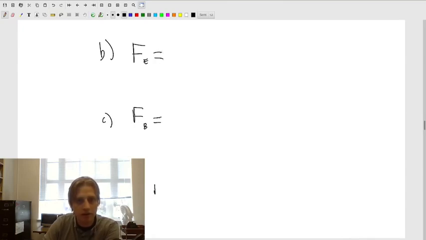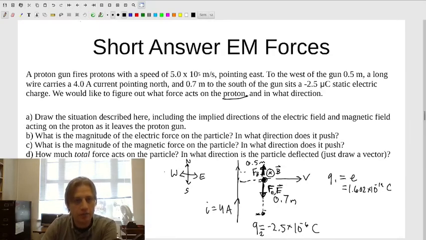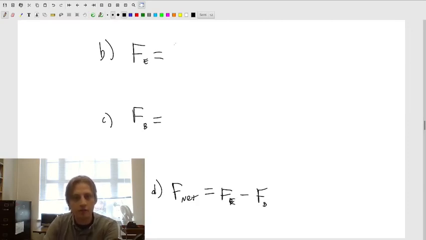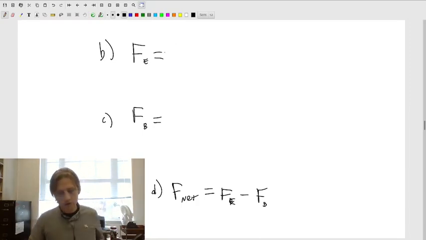Part D, you're going to essentially add up these forces. So if FB is pointing in the plus Y direction and FE is pointing in the minus Y direction, your F net is going to be FE minus FB.